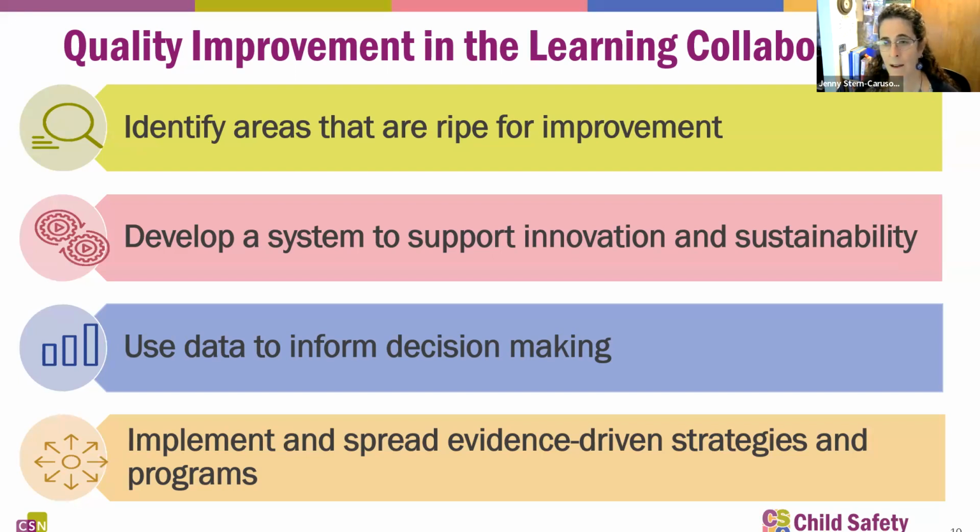Within CSN, we are a comprehensive technical assistance and training center that includes a research arm with the Pacific Institute for Research and Evaluation, and we also have a national Children's Safety Now Alliance that is comprised of members from universities, federal organizations, and other nonprofits and organizations that are focused on child safety and injury prevention. So all of that contributes to identifying what these strategies are that are going to be most effective in helping to move forward injury prevention.